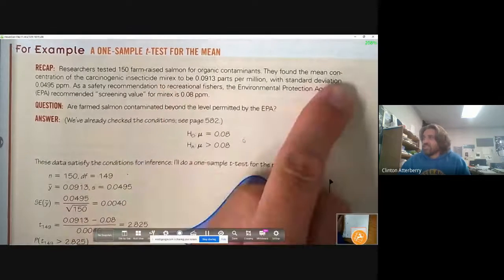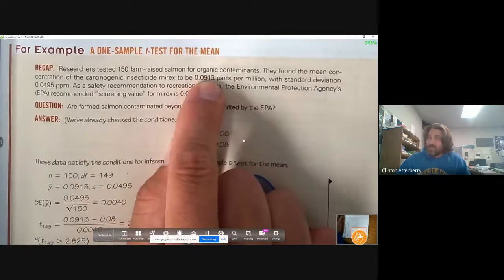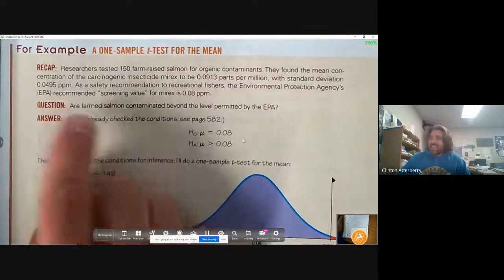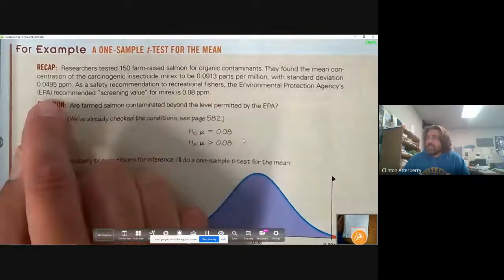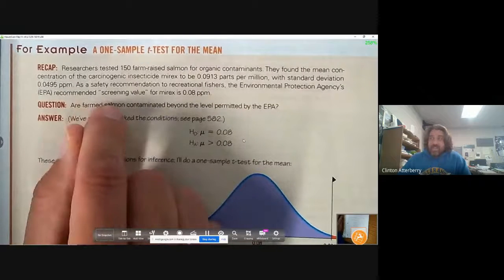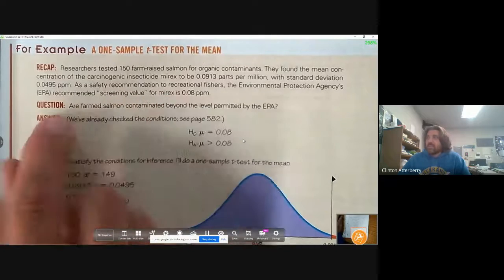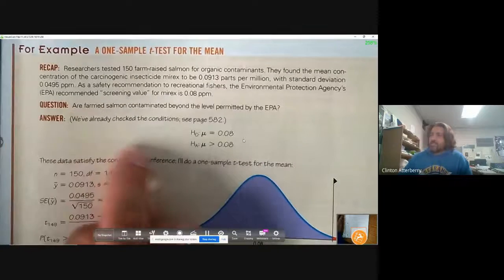The mean was 0.0913. This is from the sample, with a standard deviation of the sample to be that, okay? The Environmental Protection Agency's, EPA, recommended screening value for Mirex is 0.08.